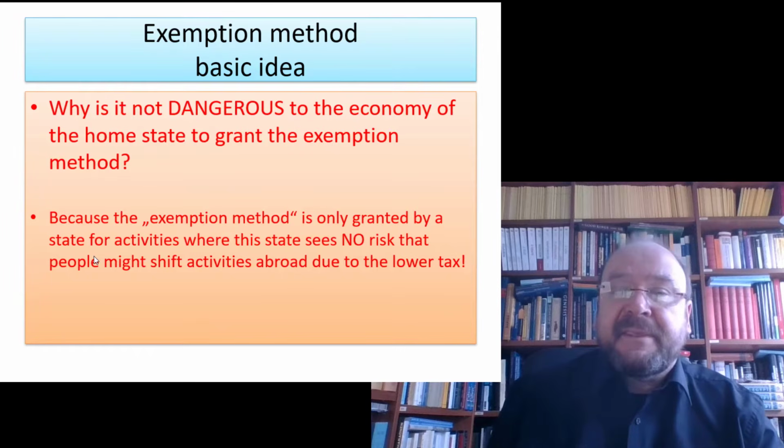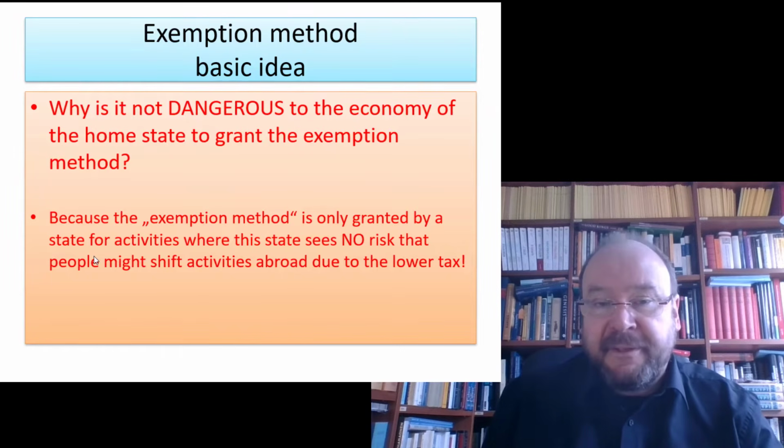Yeah? So the first general conclusion which we can draw is it would be very, very unwise to offer the exemption method for cases where people might shift the income from the residence state to another state.